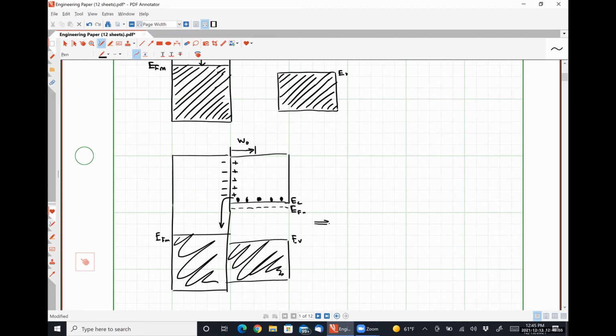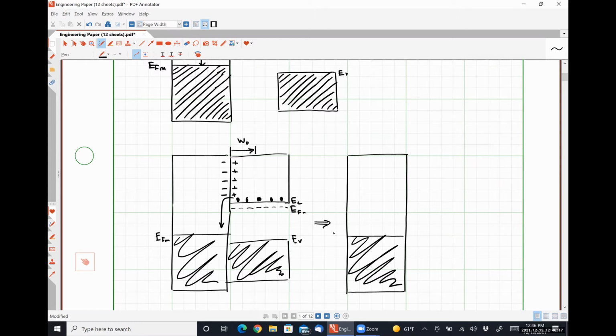So if I can draw what's going to happen, we should see something like this. The metal is going to be unchanged. All right, so here's our Fermi energy level for the metal. For the semiconductor side, this is going to be E_FN.